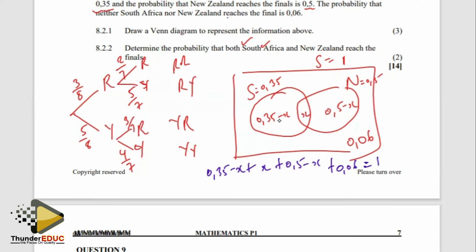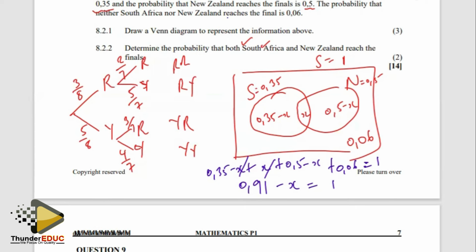probability. So when I add up all these numbers, I have 0.35 plus 0.5 plus 0.06. That gives me 0.91. This cancels that. I have minus X is equal to 1. Did we do anything wrong? So 0.35, 0.5, 0.06. Okay, so then you can move the X around and then get the answer. But why am I getting a negative, guys?